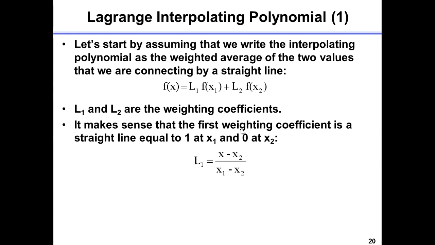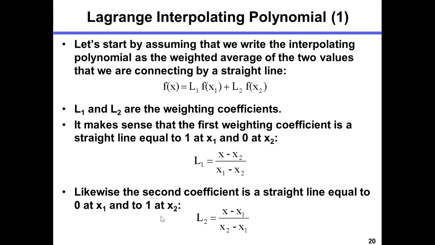So it makes sense that for the first weighting coefficient, we would say L1 is equal to x minus x2 divided by x1 minus x2. It's the same points that we had before, in the previous slides. And likewise, for L2, we have x minus x1 over x2 minus x1. So the second coefficient is the straight line equal to 0 at x1 and to 1 at x2.